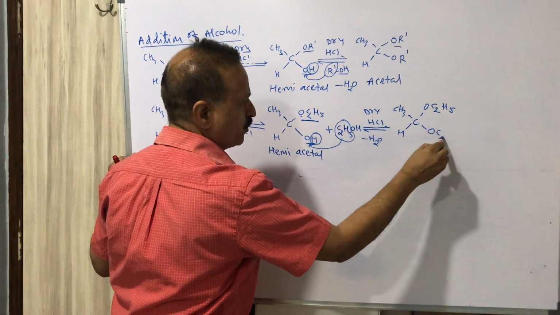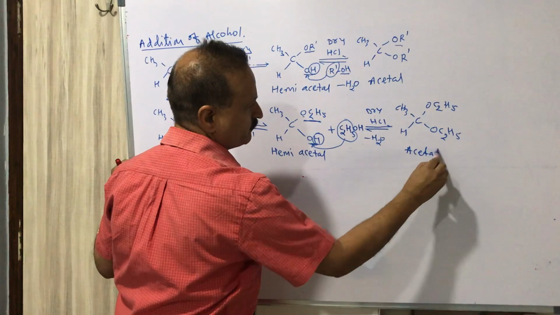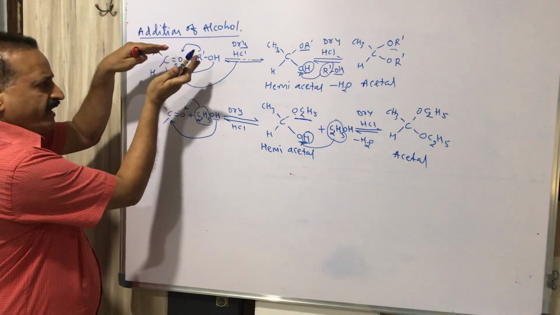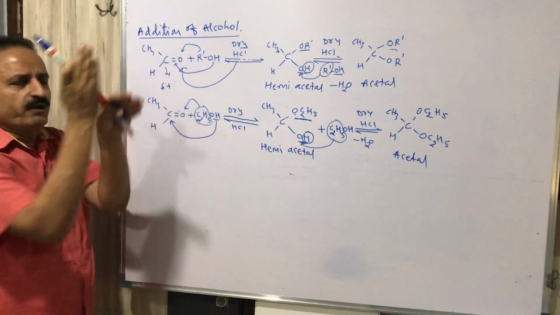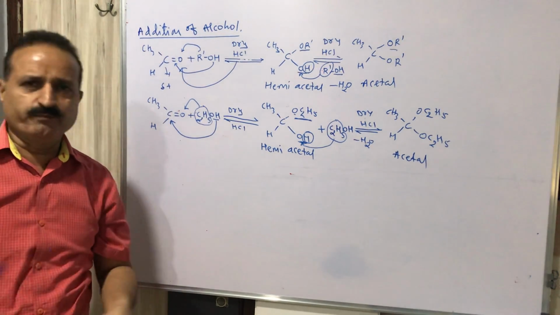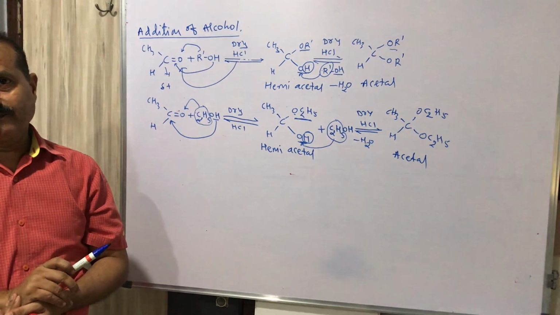Here is OC2H5. This is acetal. So this is the main equation. Here is the proper example of the equation. Very easy, very simple.